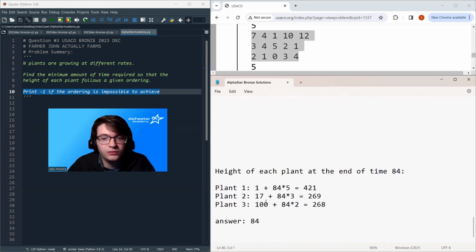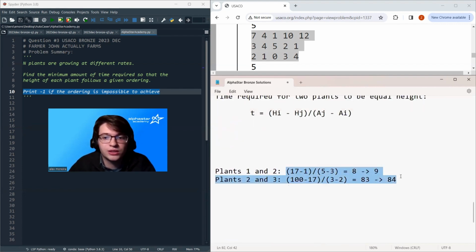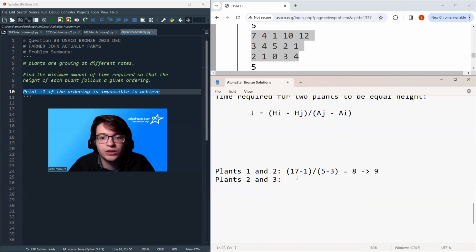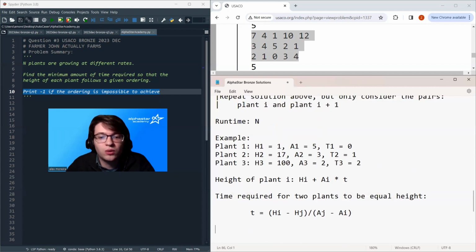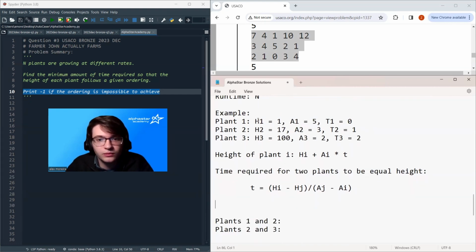Let's get rid of the calculations and then we can go through them from scratch. So for plants 1 and 2, let's plug in the values. So we have hi, that's just h1. Then we have hj, that's h2, which is minus 17.